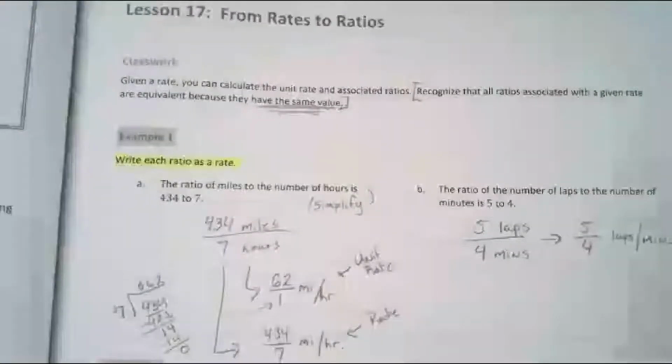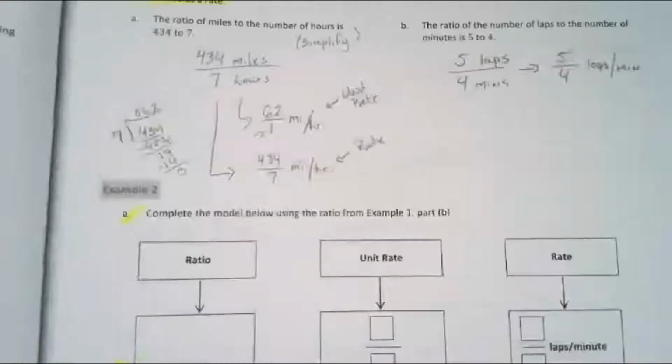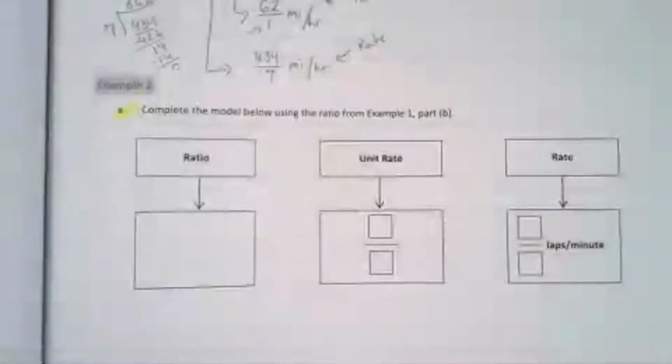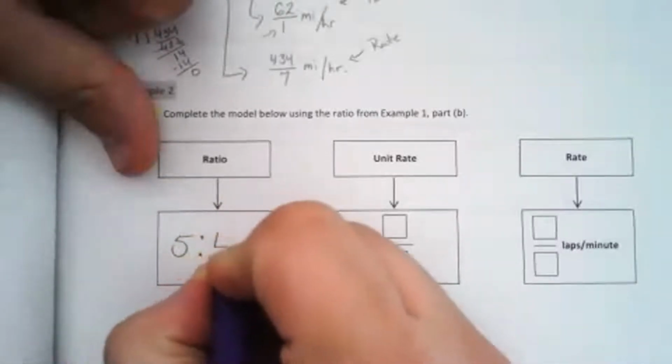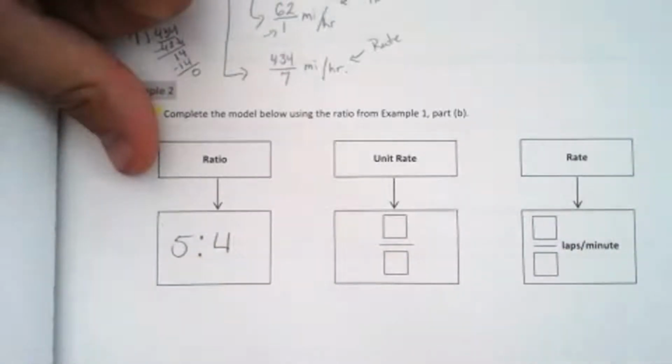Okay. Example 2 looks like we're going to go a little bit deeper. Complete the model below using the ratio from example 1, part B. So our ratio was 5:4.